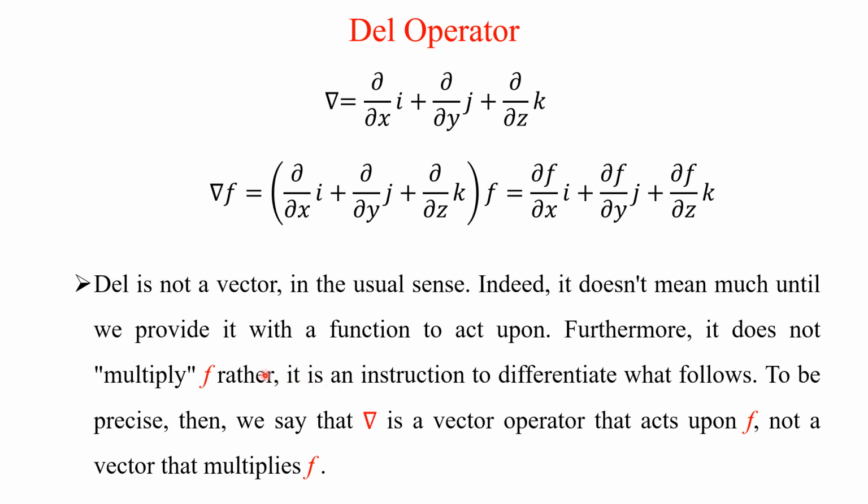To be precise, we say del is a vector operator that acts upon f, not a vector that multiplies f. If you take del squared, it is called the Laplacian operator. So the del operator in Cartesian coordinates is defined like this. After understanding this, we will see what gradient, divergence, and curl are.